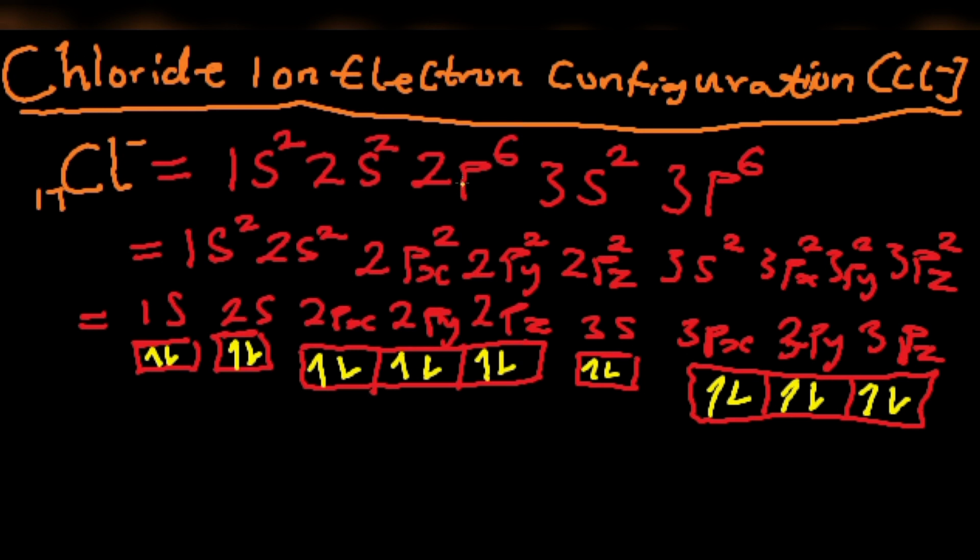So look at this. For chlorine, the inner or core configuration starts from the 1s and ends on the 2p, or let's say principal quantum number 1 and then ends on principal quantum number 2, which is the second shell. So the third shell is the valence shell or the outermost shell. Take note of that.